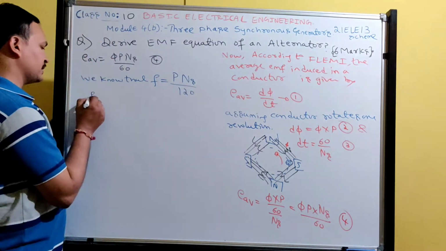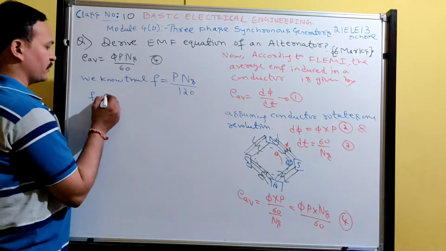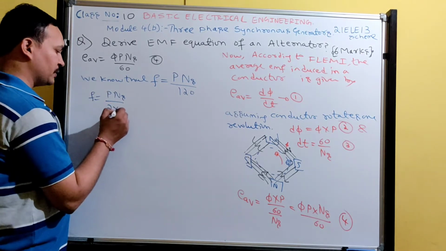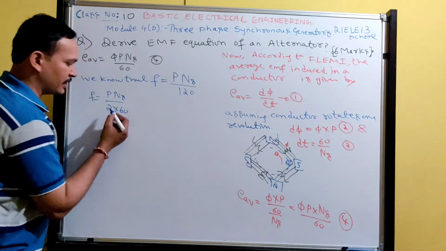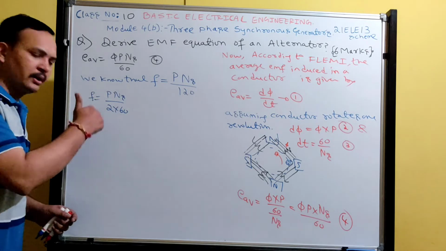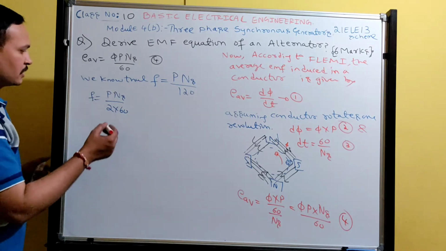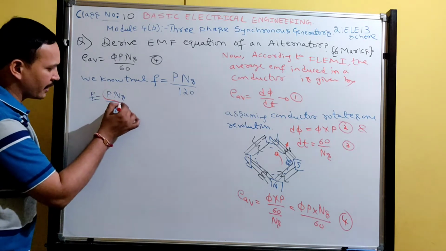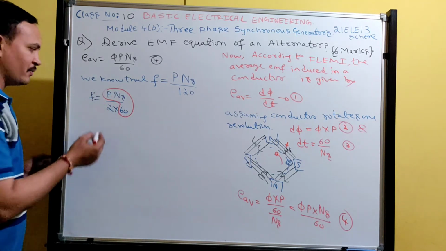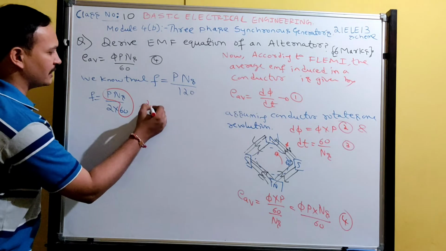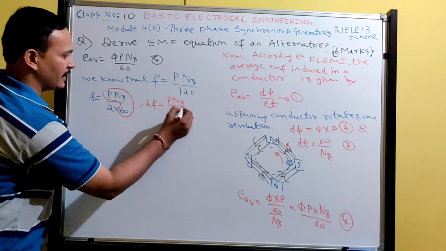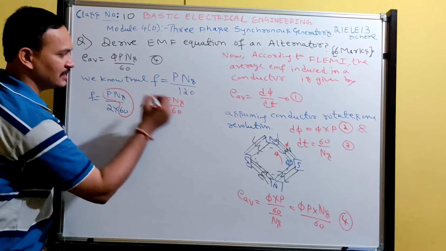Now for simplicity, I am changing this 120 in the denominator. Can I write 120 as 2 into 60? You can write 3 into 40, but I am going to write 2 into 60. The reason is, now I can group this part: P Ns divided by 60. So I can write 2 times f is equal to P Ns by 60.